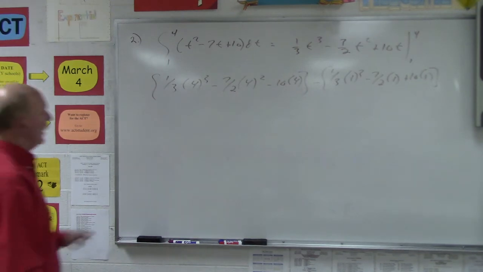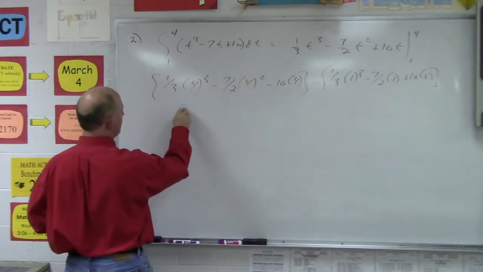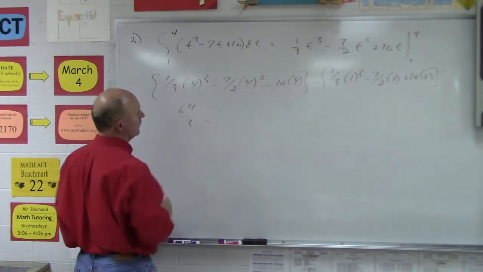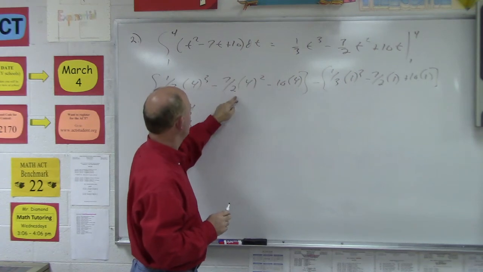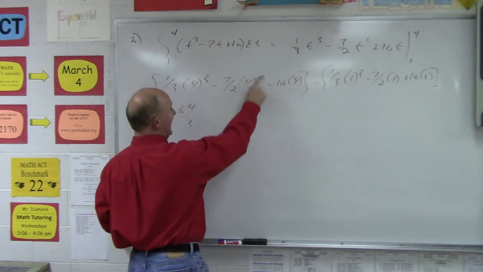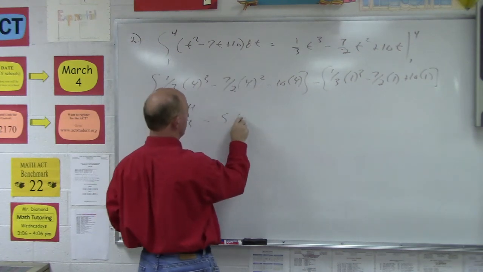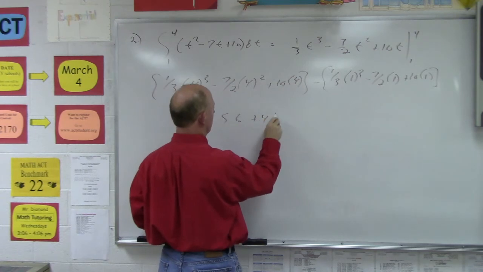Now, as we evaluate these, 4 cubed is 64, so you have 64 over 3 minus 7/2 times 16, which is 8 times 7, that would be 56, plus 40.